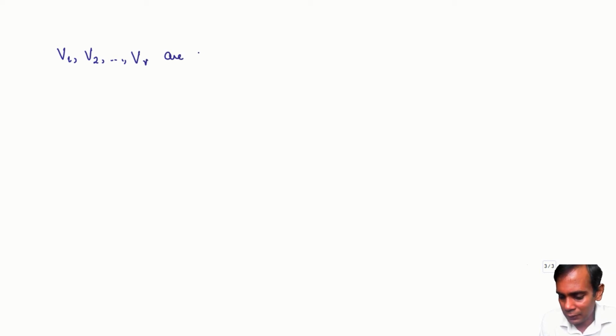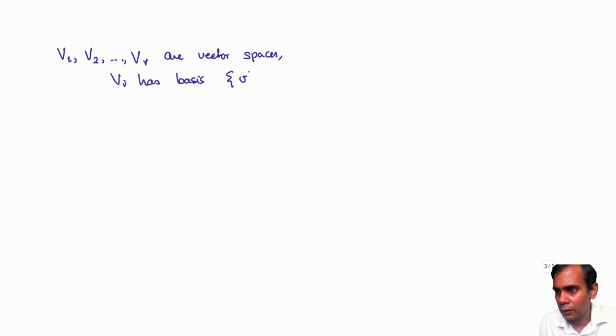This notion of tensor product can be applied to several vector spaces. So suppose V1, V2, up to VR are vector spaces, and let's say V_i has basis v_i1 up to v_iN_i.